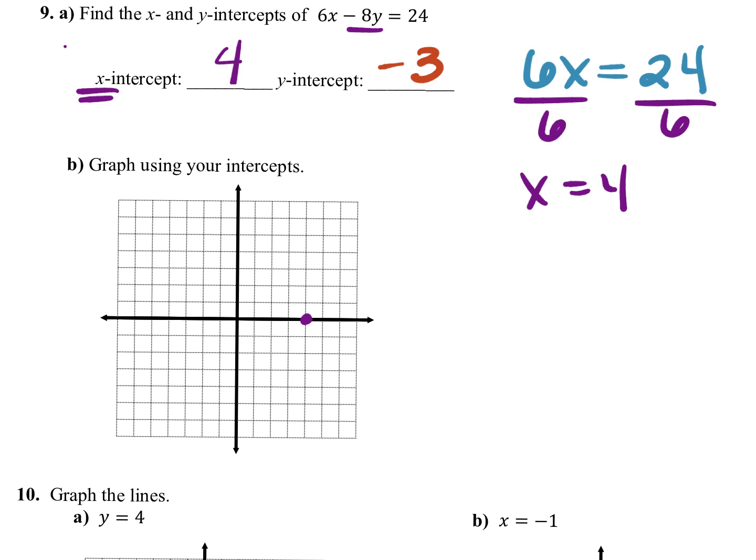If my y-intercept is -3, then on the y-axis, not from where you just landed with the 4, this is an intercept for the axis. So on the y-axis, you're going to go down 3. 1, 2, 3. How do you graph a line here? Just connect those 2 points. Okay, so your answer is that.